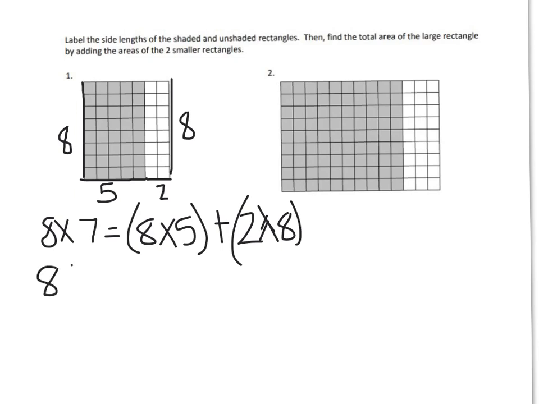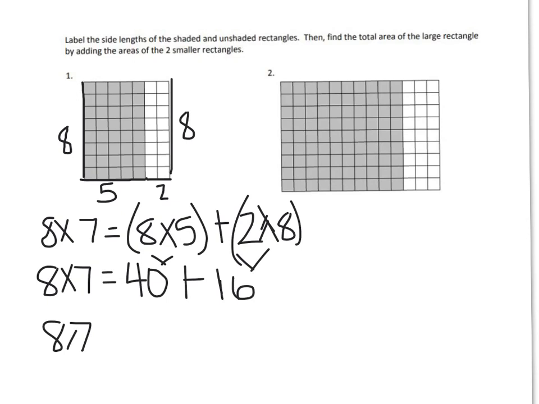So 8 times 7, 8 times 5, that's easy because counting by 5s is easy. That's 40 plus 2 times 8 is 16. 40 plus 16, that's kind of a bigger problem to do in your head.